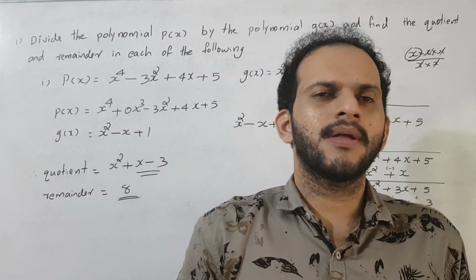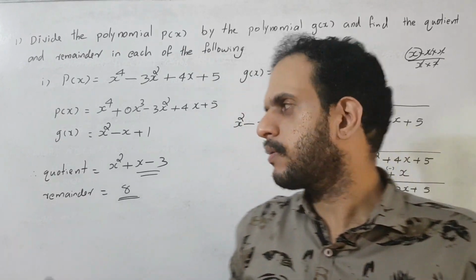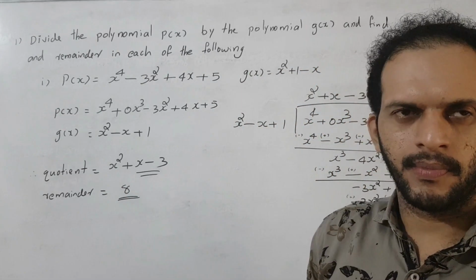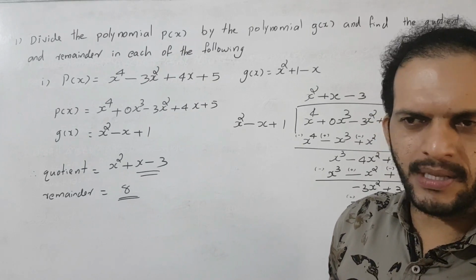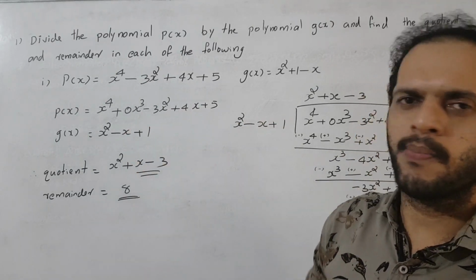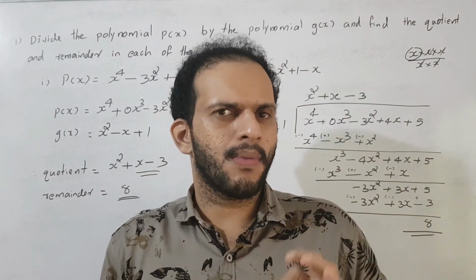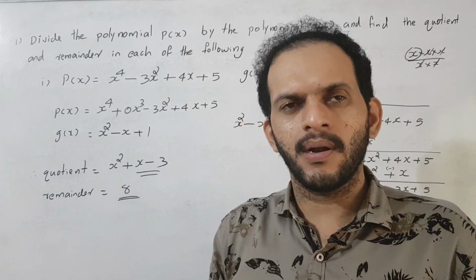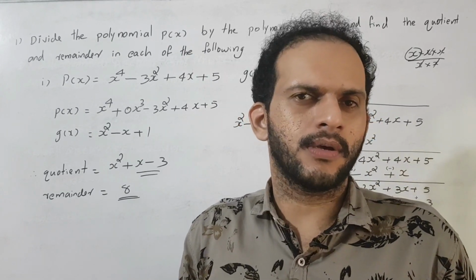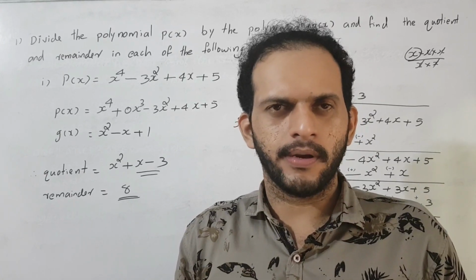So we divide p of x by g of x, then we got the quotient and remainder. Okay, then I told you what is the first. Before dividing, you just arrange the given polynomials. If it is not in the standard form, you must arrange the given polynomial in the standard form. Then after that you follow the idea of division. Okay, I think you got this idea.